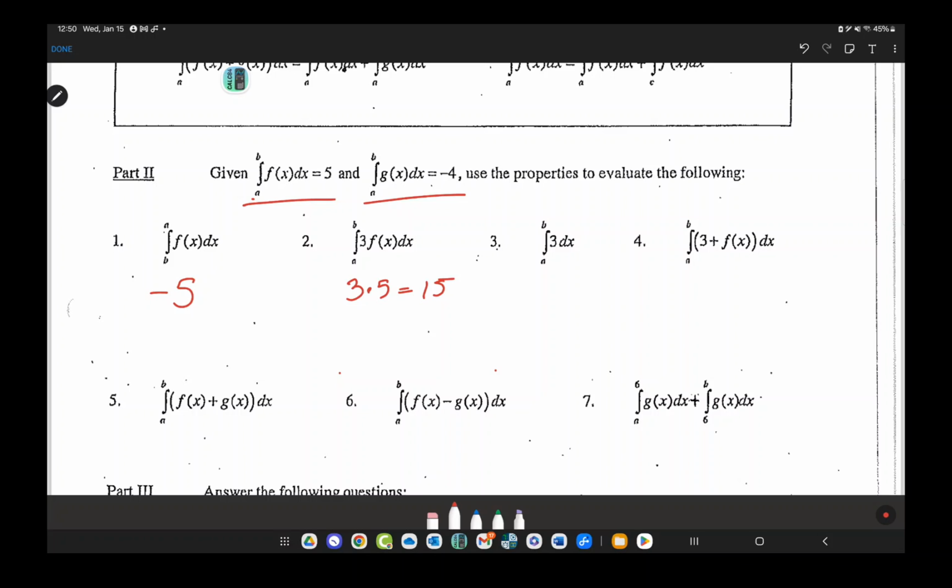What about the integral from a to b of just 3? 3 times b minus a. Now for number 4, we can separate this as the integral from a to b of 3 dx plus the integral from a to b of f of x dx, which is 3 times b minus a plus 5.